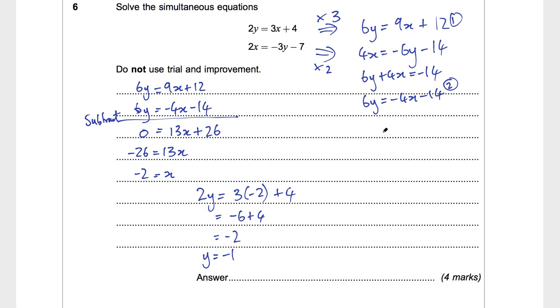Check that that works in this equation. 2 lots of minus 2 equals minus 3 lots of minus 1 minus 7. So that's minus 4 equals 3 minus 7. That's true, equals minus 4. So it works for both equations and therefore it's correct. So x equals minus 2, y equals minus 1 is my solution to that problem.